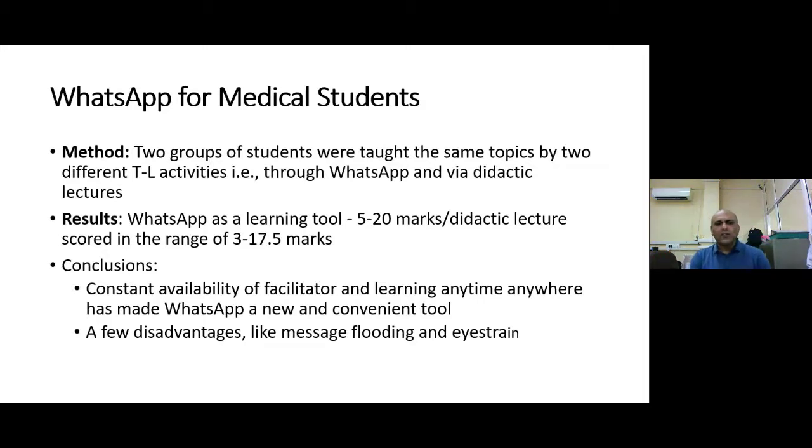The conclusions say the constant availability of the facilitator and learning anytime, anywhere made the WhatsApp group more productive, and made WhatsApp a new and convenient tool. There were a few disadvantages, obviously. There's this Japanese symbol of yin and yang: there's always something bad in good, and always something good in bad.